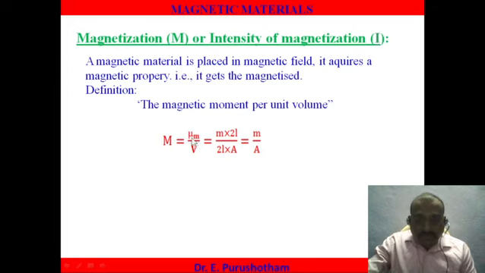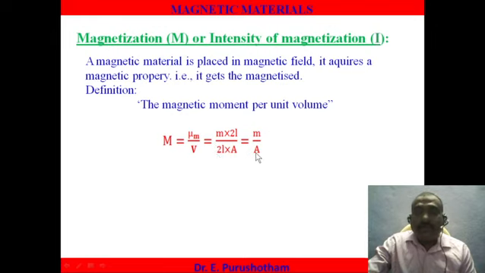So mu m is the magnetic moment or magnetic dipole moment. In principle we can write mu m as m into 2L. But here the volume is length into breadth into height. Length into breadth you can write as A, and height is 2L, so 2L gets cancelled.